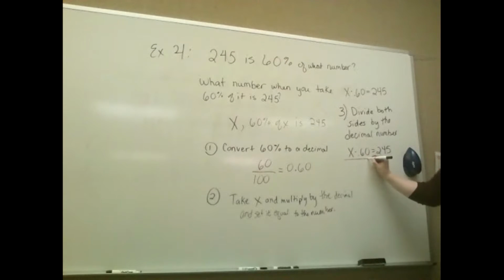I'm going to divide this side by 0.60 and that side by 0.60. When I do that, this 0.60 and that 0.60 cancel and go away. So you get x equals 408.33.